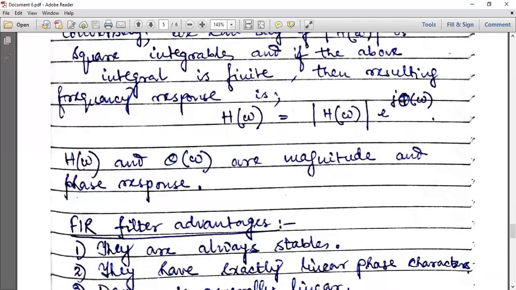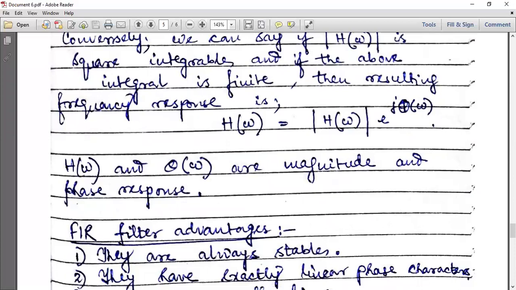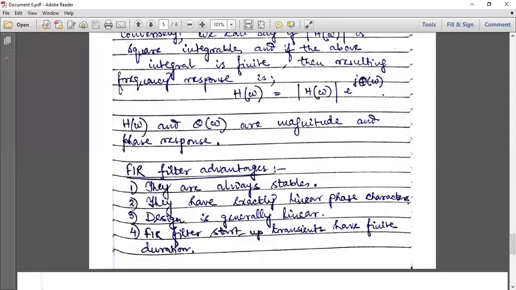Clear? Now, before moving to the FIR filter advantages, what do you understand from this Paley-Wiener theorem? Listen carefully.